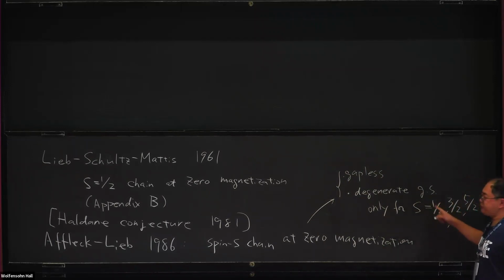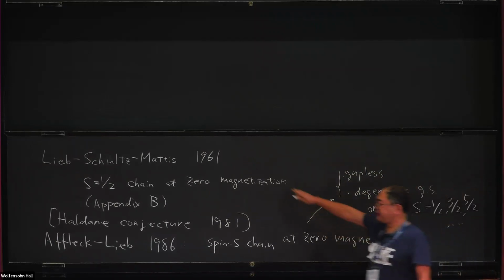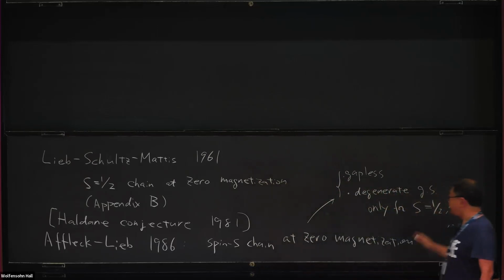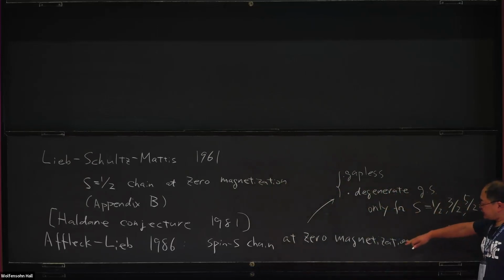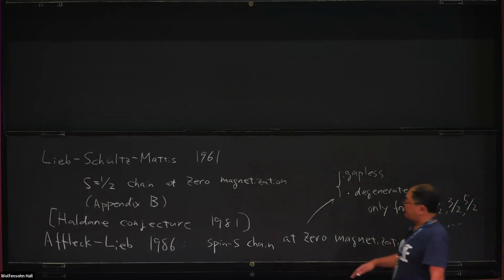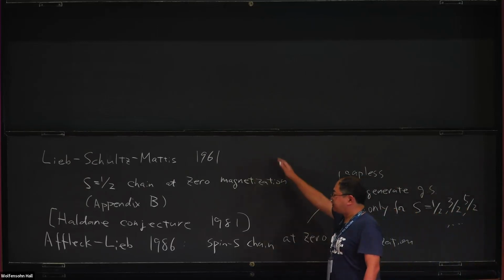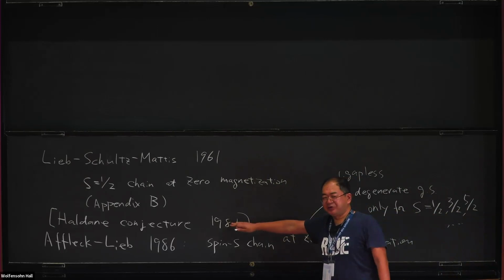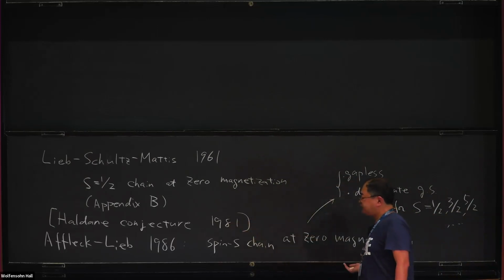Of course, the spin 1/2 case was already known in the original paper, but here they clarified the fundamental difference between integer spin and half-odd integer spin in the context of this Lieb-Schultz-Mattis theorem, which was consistent with the Haldane conjecture.